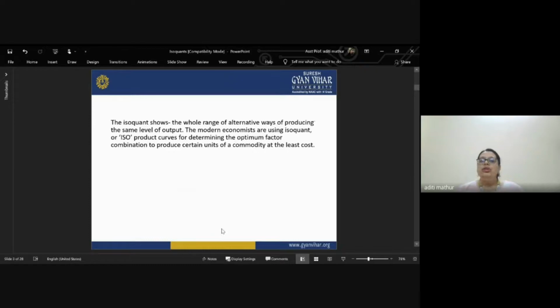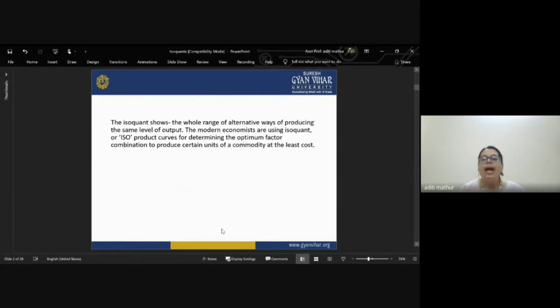The IsoQuant shows the whole range of alternative ways of producing the same level of output. Modern economists use isoquant or isoproduct curves for determining the optimum combination of factors to produce certain units of a commodity at the least cost.